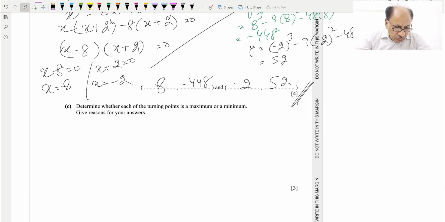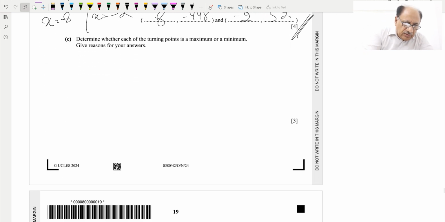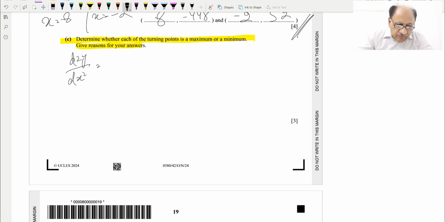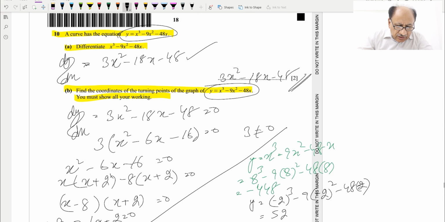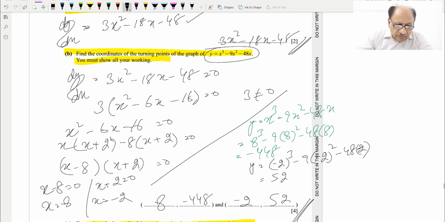Hopefully you understood this. Then C part, determine whether each of the turning points is maximum or minimum. Give reason for your answer. So we can apply the second order derivative test, d2y over dx square, and the derivative is this one which we have already taken, 3x square minus 18x minus 48.